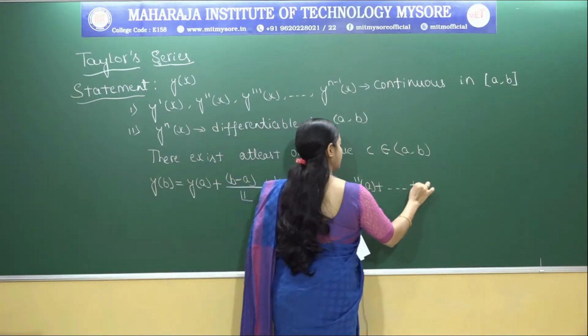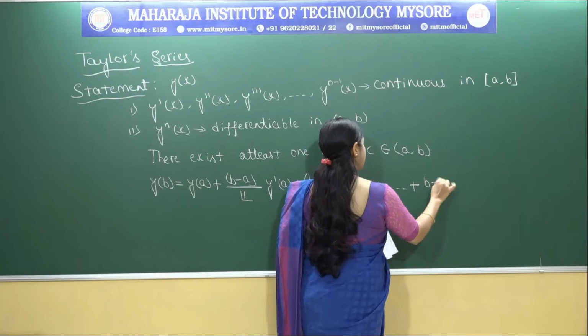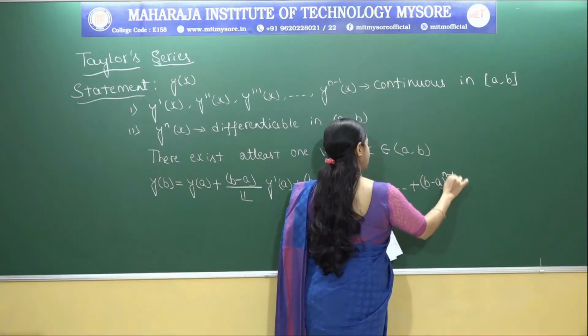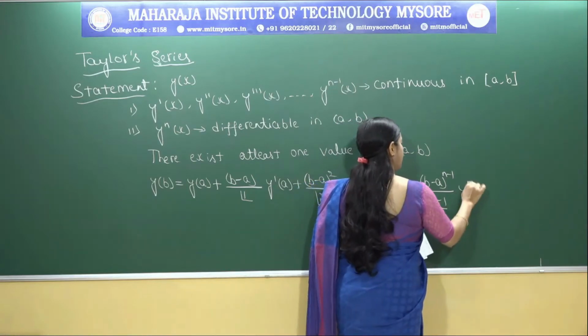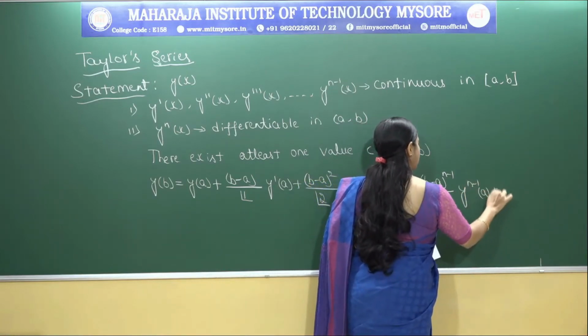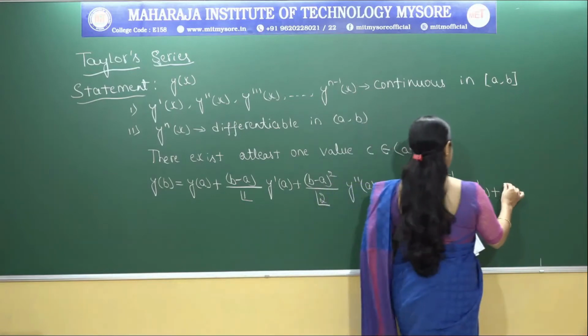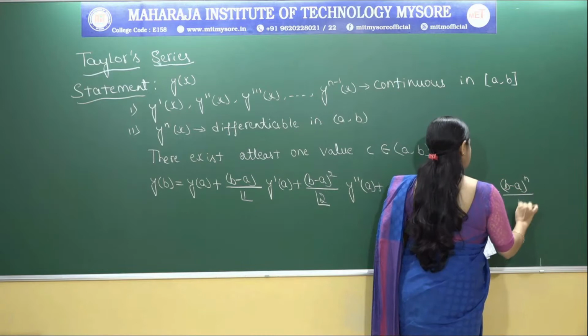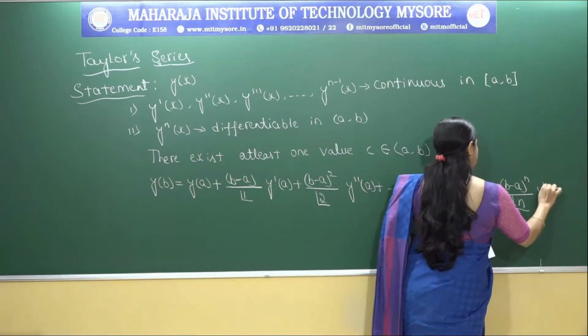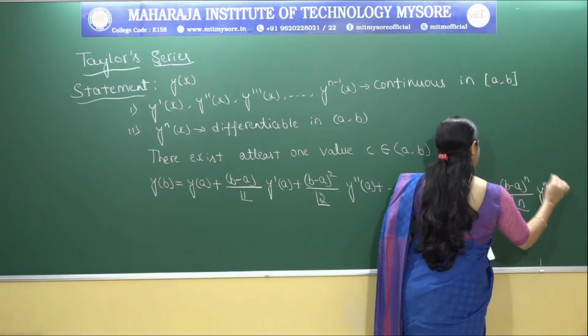The continuation of this, (b minus a) power n minus 1 divided by n minus 1 factorial, y power n minus 1 of a. The last term, (b minus a) power n divided by n factorial, nth derivative of a.